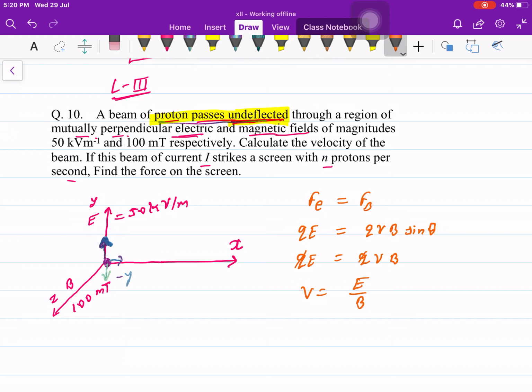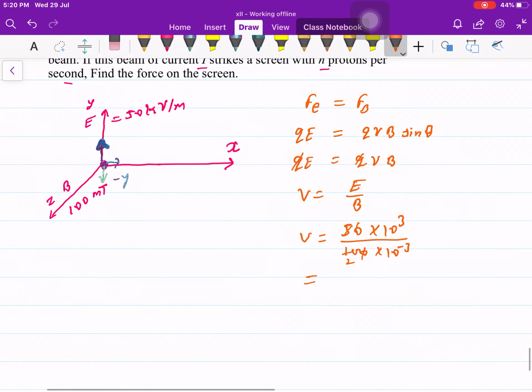So put the values. What is E? 50 into 10 to the power 3, upon B, that is 100 into 10 to the power minus 3. Simply 10 to 10, and that is cancelled. Or if we don't want to cancel, then okay, it is up to you in what way you solve the numerical.